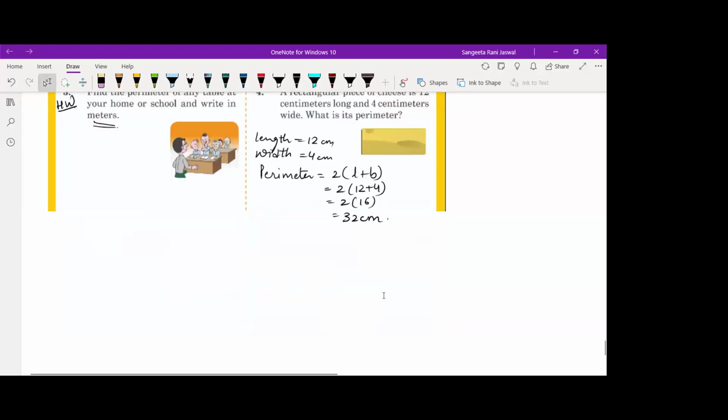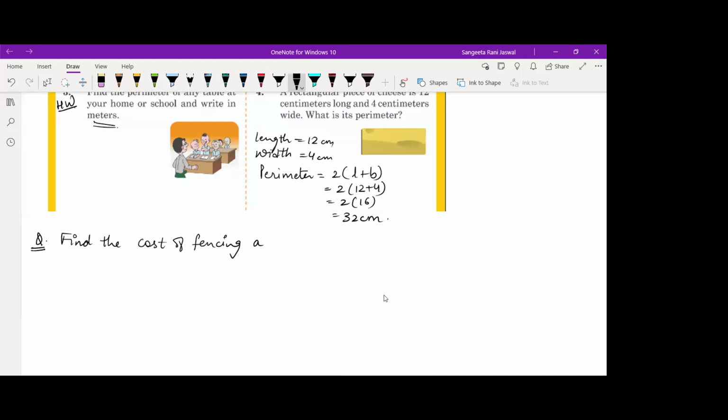Let's do some more questions. Take another question now. Find the cost of fencing. Please write it down. Do you know what fencing is? Yes, ma'am, making the boundary. Okay.